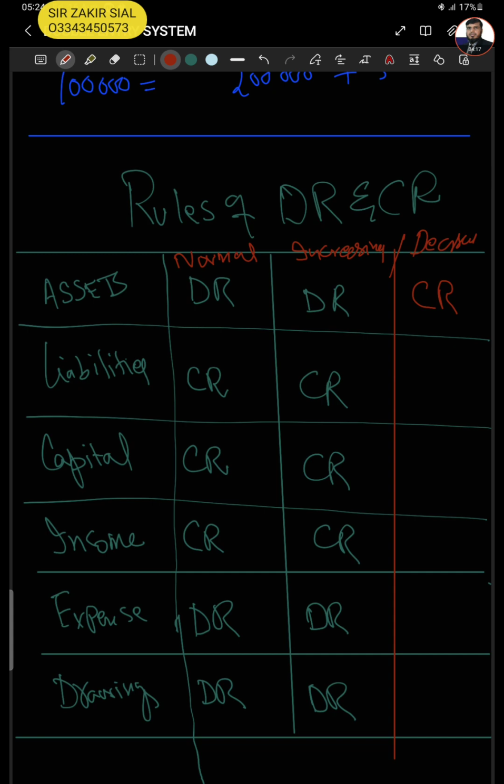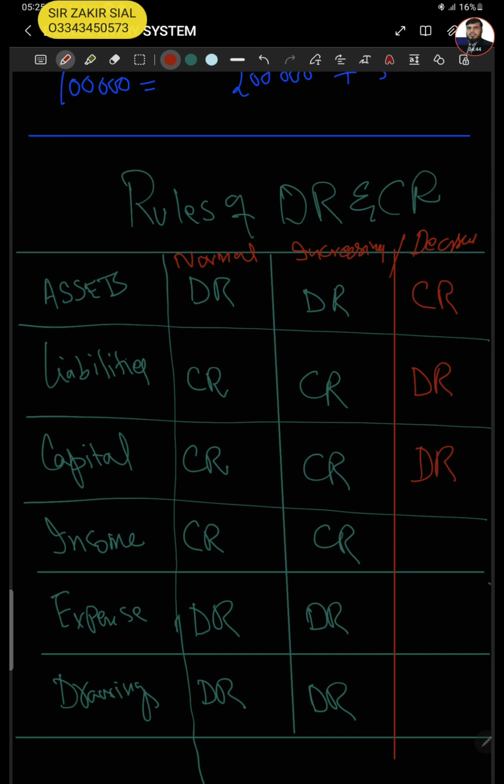Liabilities we normally write on the credit side. If increasing, the same side. If decreasing, then we write on the opposite side, on the debit side. Capital normally is written on the credit side. If increasing, we write on the credit side. If decreasing, then we write on the opposite side, on the debit side.